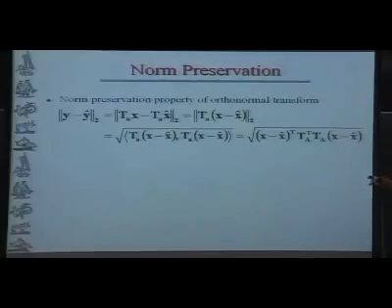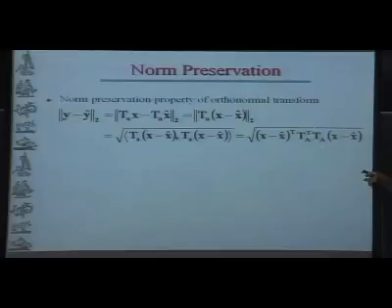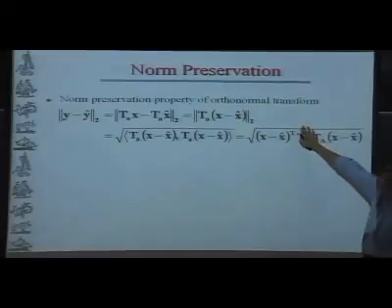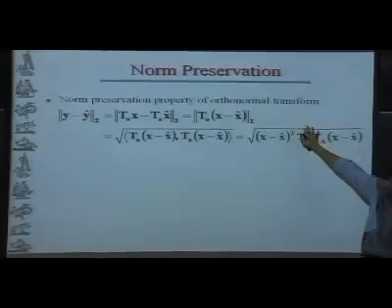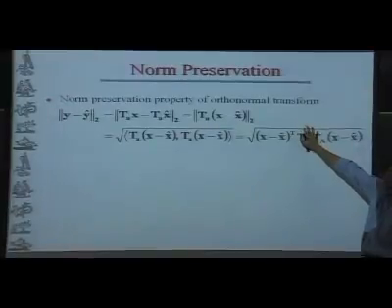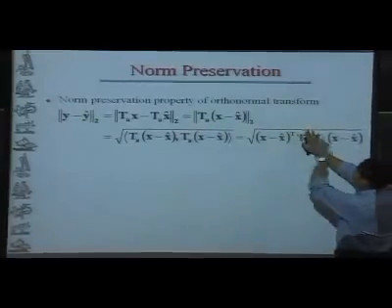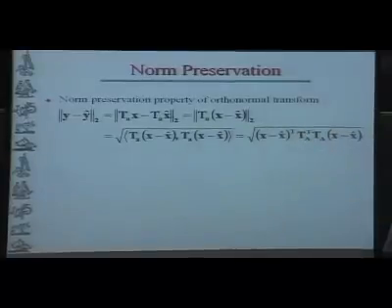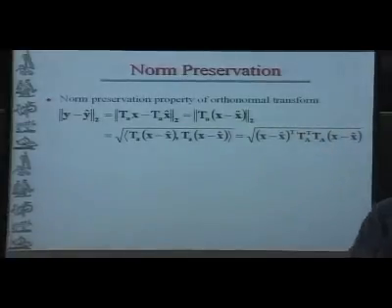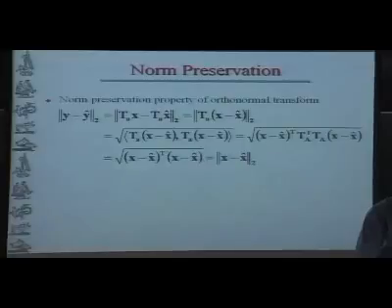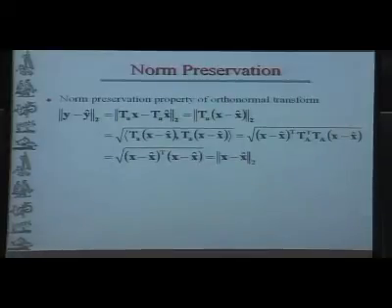And guess what? What is this? TA transpose times T. That's identity. So they disappear. What is left? That's the L2 norm of x minus x hat. Now, why is this important? Any idea?